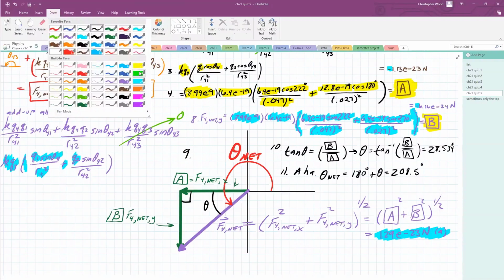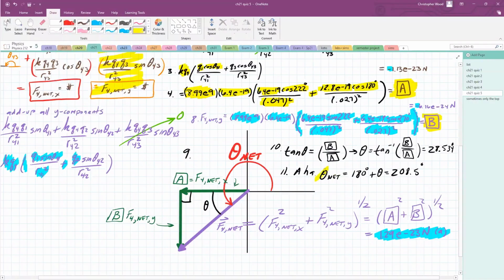And we're done. What a problem. This is the answer to part B. This is the answer to part A. This is B. This was A.